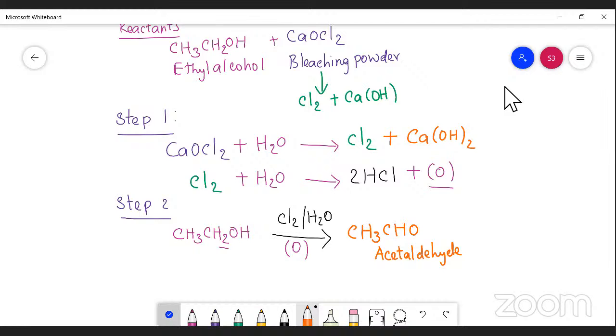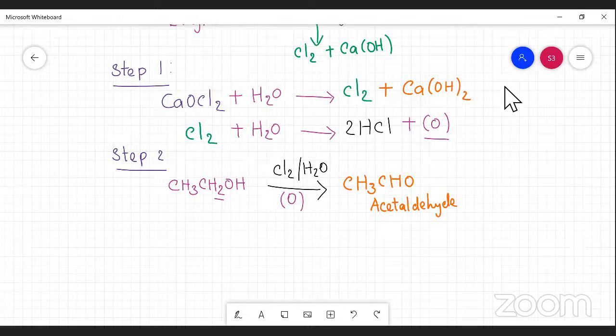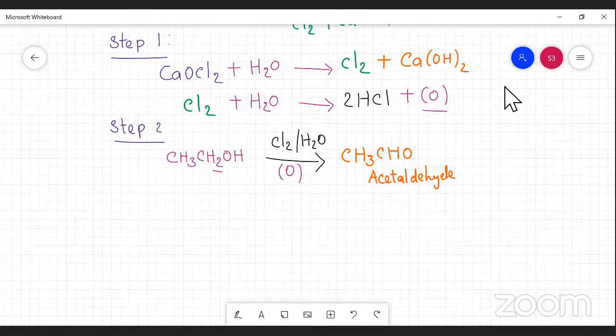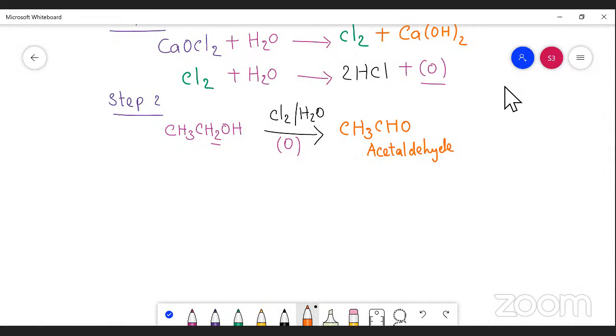So we are taking step 3. Here, this acetaldehyde, CH3CHO, is reacted with chlorine.